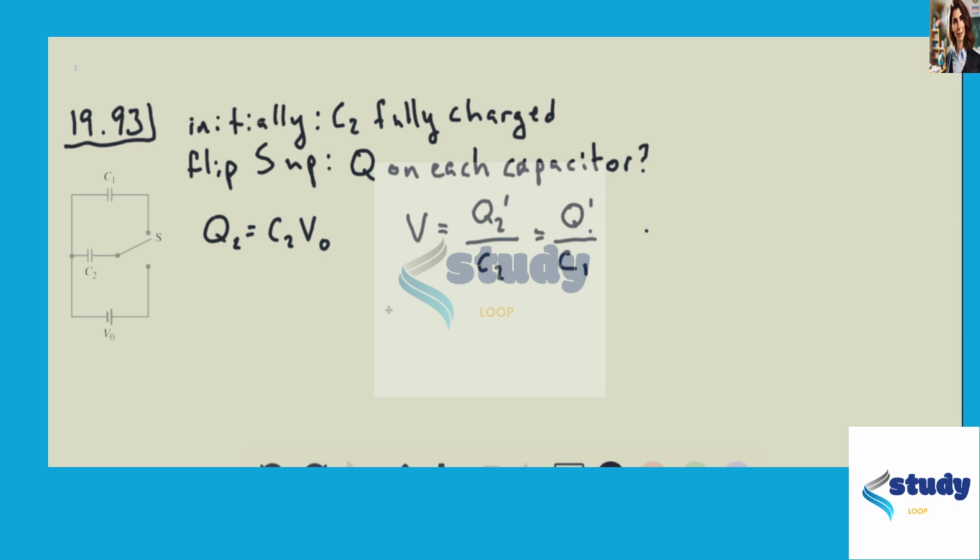And so we can ignore the voltage here and just rearrange the second equality, and we see that Q2 prime will be equal to Q1 prime times the ratio of the two capacitances.